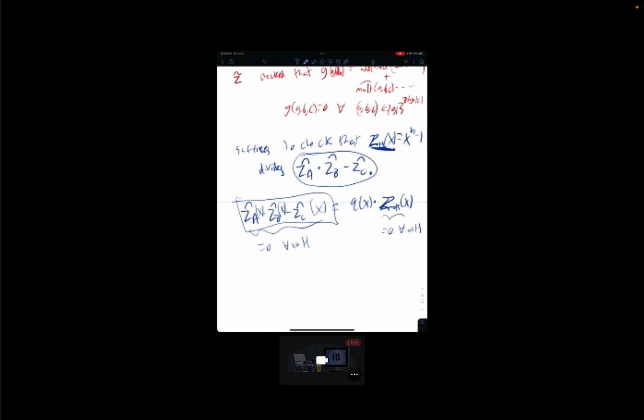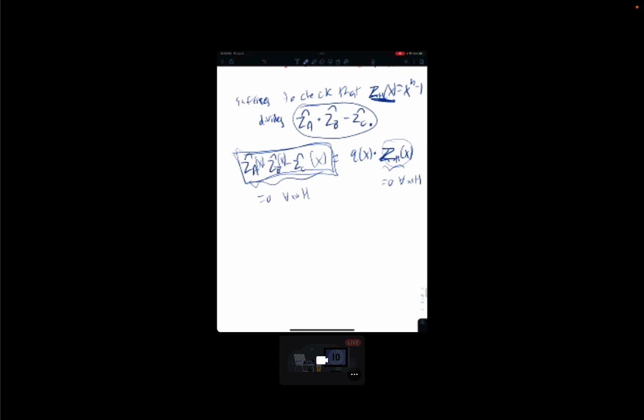You can also show that if this thing vanishes over the Boolean hypercube, then the vanishing polynomial divides it. And you can show that just by factoring out the roots. The details aren't important. You should just believe me and think about it a little offline if it's not obvious to you.